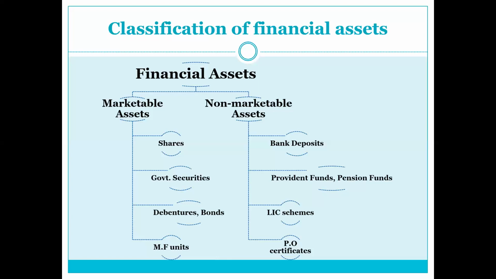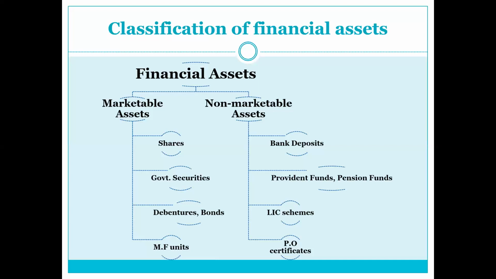So what is the difference between debentures and shares? A company will have to pay the debenture holder without any fail. That is, they cannot make any default in the payment to debenture holders. The interest that they pay to the debenture holders has to be paid whether the company has profit or not.